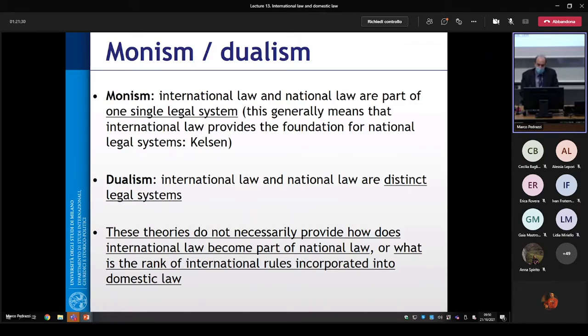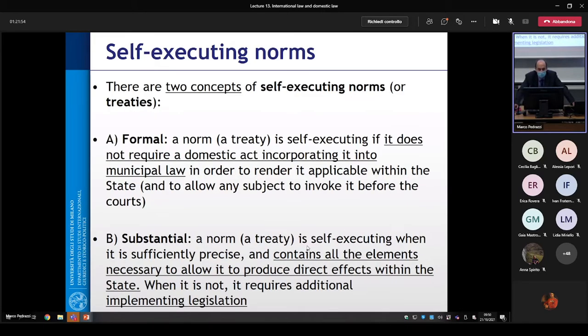In fact, we can say that a dualist country theoretically could also decide that it is not interested in international law, but this is not the case. All states are interested in respecting international law, and therefore all states provide means of incorporation of international law into domestic law.